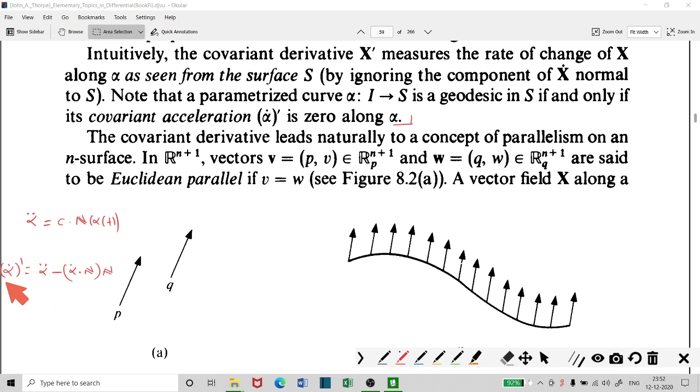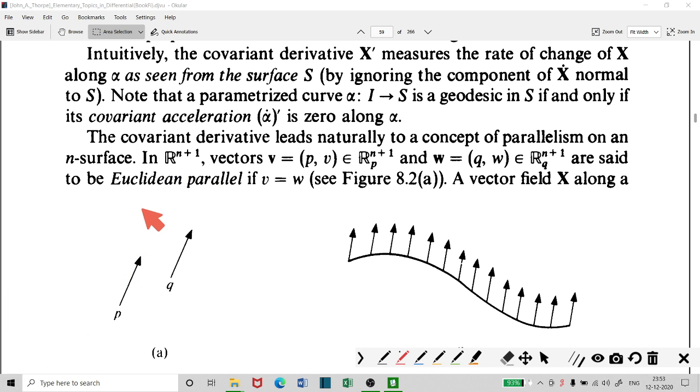This is the covariant derivative of the velocity vector field, that is, the covariant acceleration. When this is equal to 0, if and only if alpha double dot is in the direction of n, the normal vector field. So this proves alpha is geodesic if and only if its covariant acceleration is 0 along alpha.